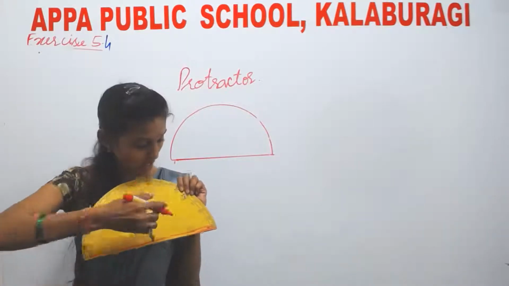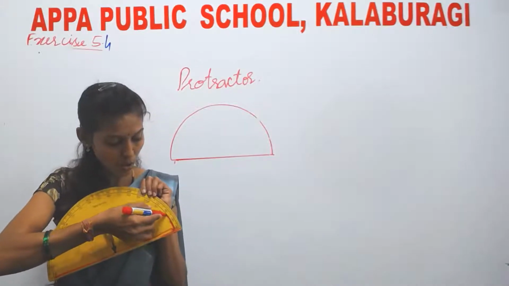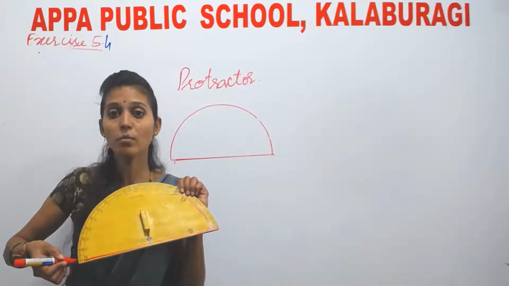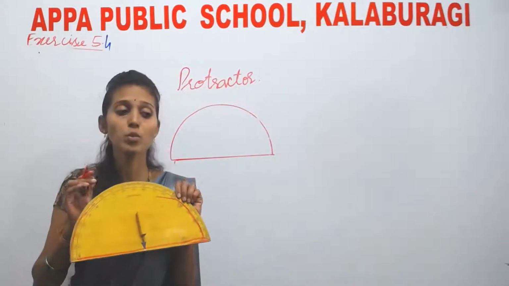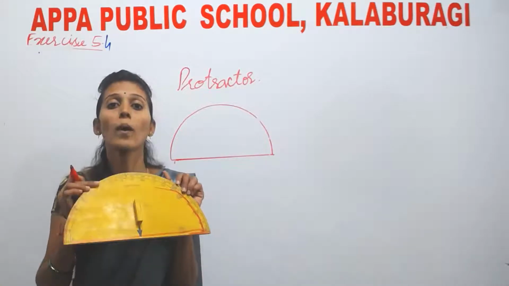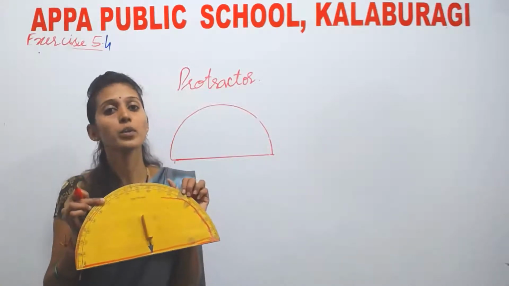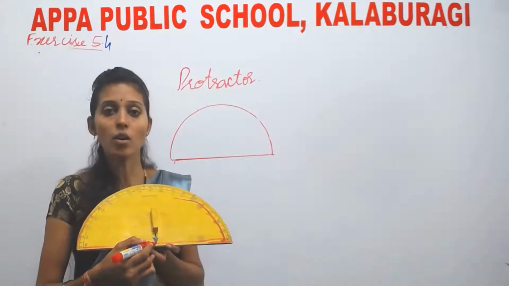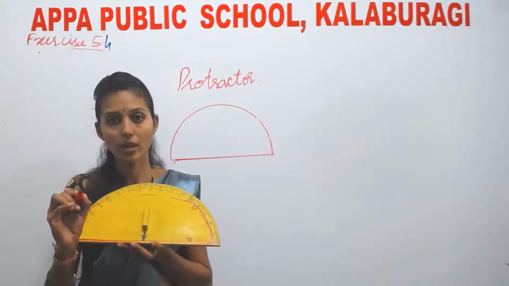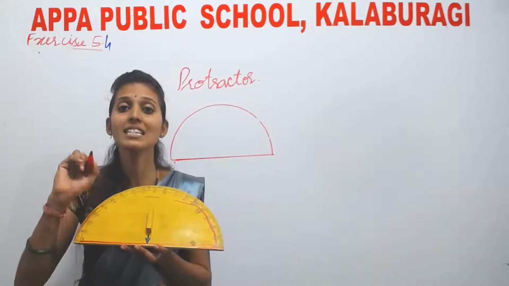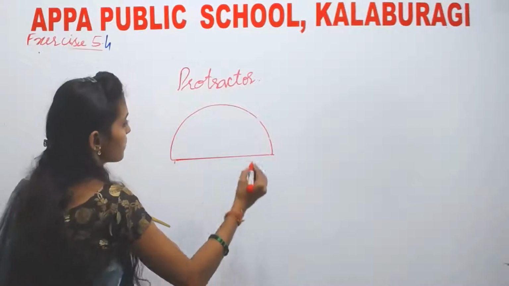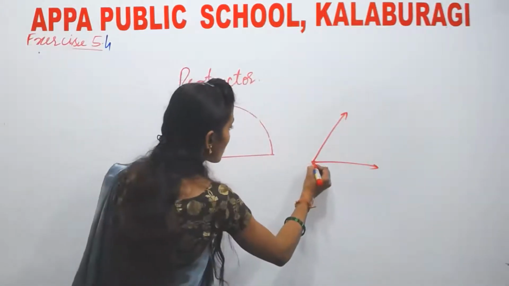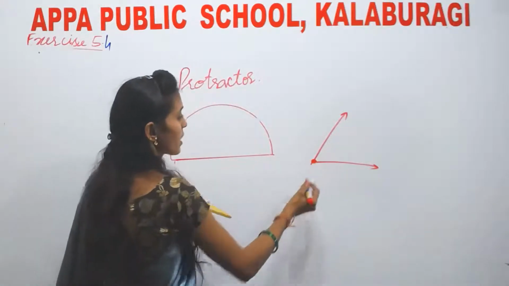This is the baseline. This one from inside 0, 10 is the inner scale. Outer scale 0 starts from here. Most of the students will get confused here, about when to refer to the inner scale and when to refer to the outer scale. We have to keep this pointer on the vertex, from where the two rays start.